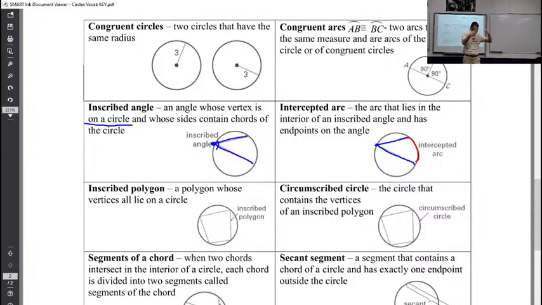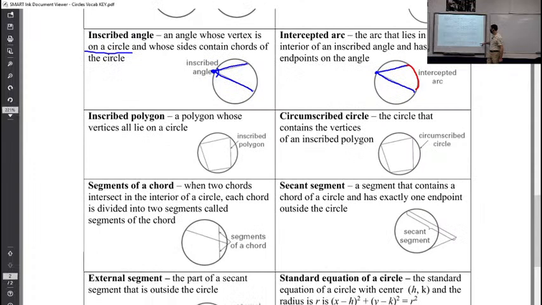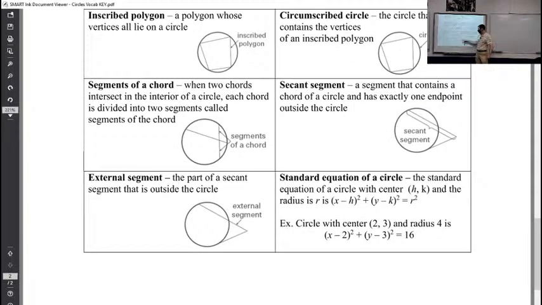So the shape is entirely inside the circle, and we call the circle circumscribing that polygon. And sometimes we can have our chords and our secants broken into pieces and segments. And then we can also put circles on a graph, and that's how to do it.